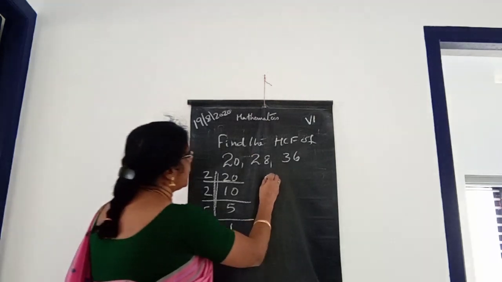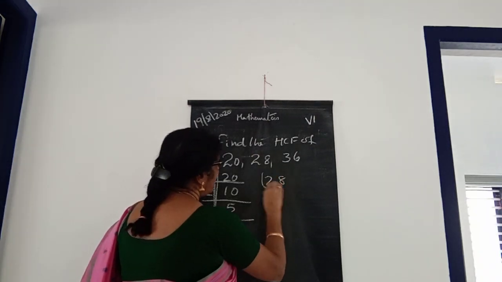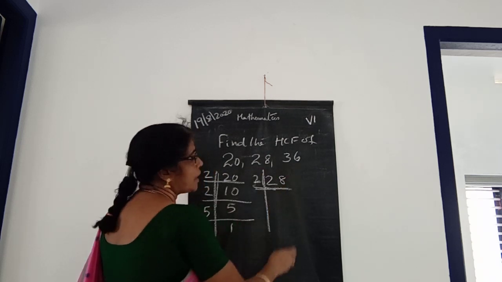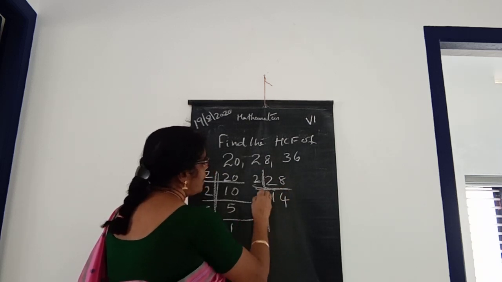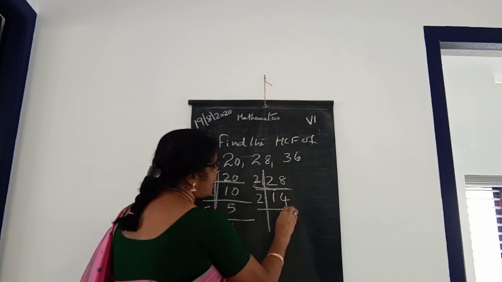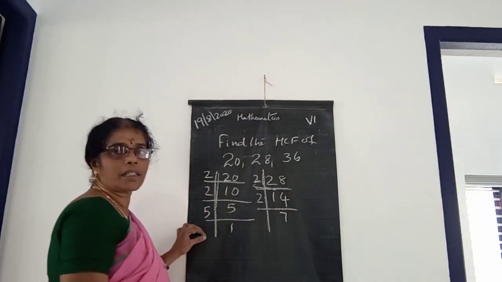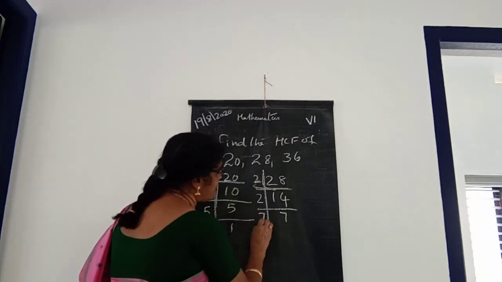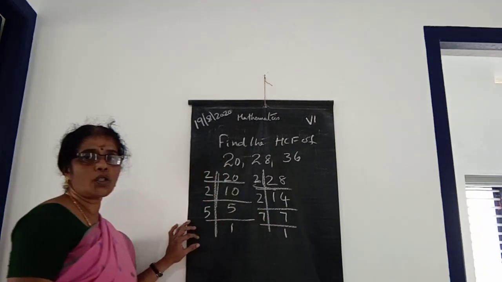Then next, 28. Yes, 2 goes 14 times. And again 2 goes 7 times. 7 is a prime number, with no other factors, so we can take 7, and that is 1.